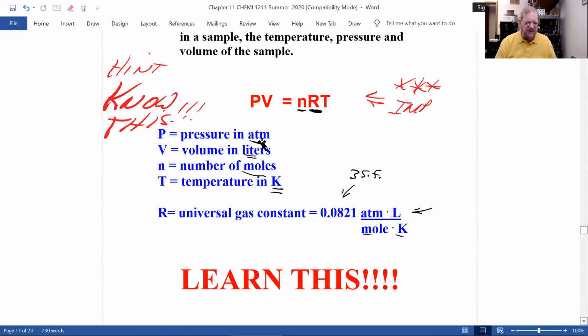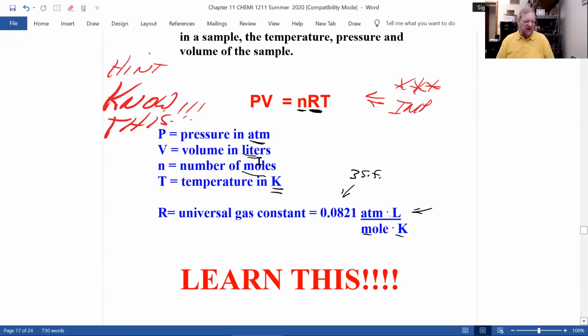Pressure has to be in atmospheres, volume has to be in liters, N is in moles, and T is in Kelvin. Now, generally, most gauges I've ever seen measure either torr or millimeters of mercury. So you'll have to convert that to atmospheres.